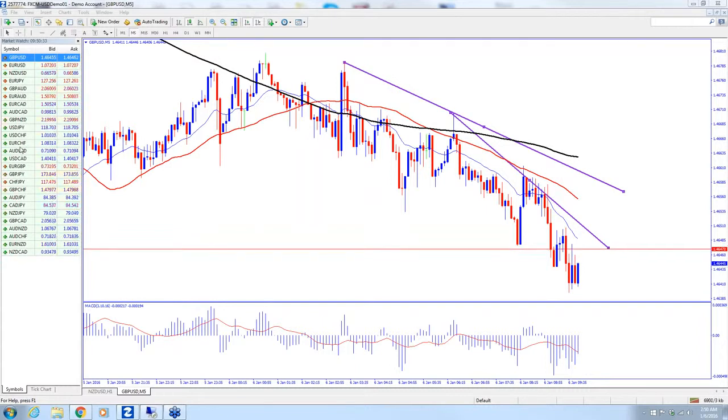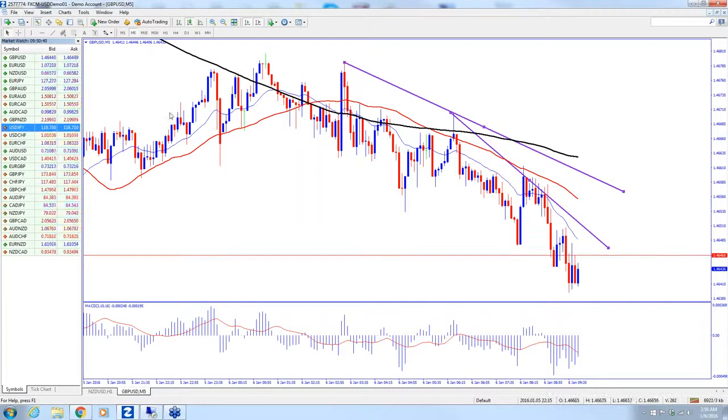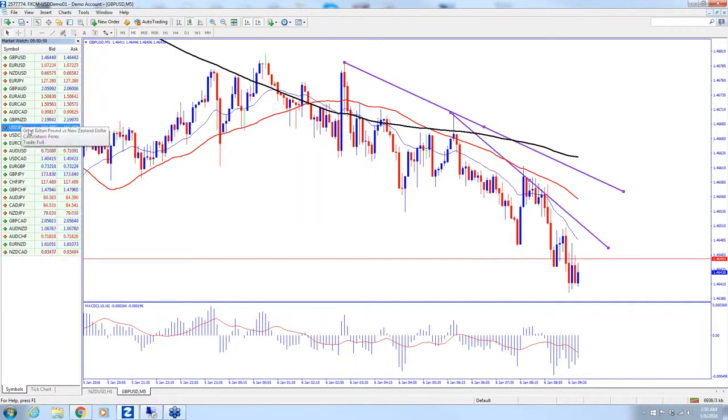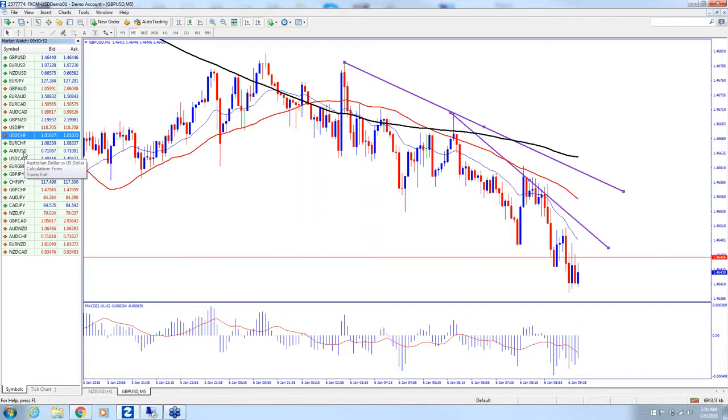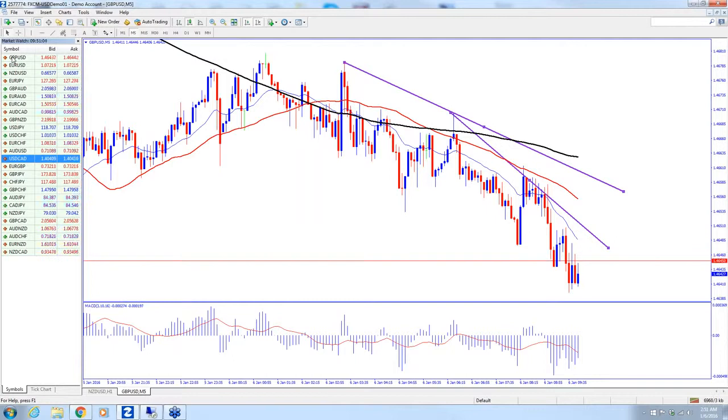Down here, USD CHF, that's the Swiss franc. USD JPY. And then you have the AUD USD and the USD CAD. Those are your pairs where the USD is connected, whether it's dominant or not. Those are called pairs, where it's directly the US dollar and a major currency.